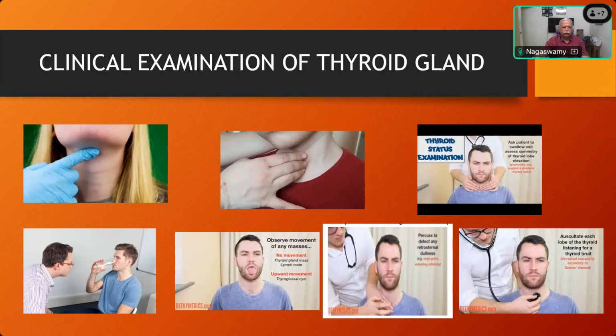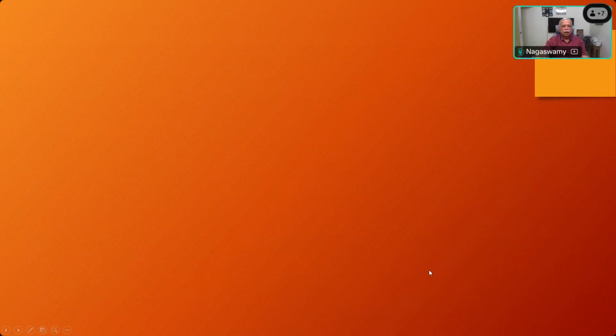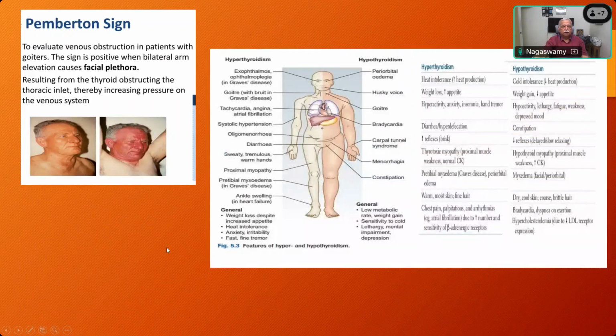You can watch as well as palpate the gland while the patient is swallowing. This is the suprasternal notch percussion to rule out retrosternal extension, and this is auscultation for bruit. And this is the Pemberton sign to make sure whether there is any venous obstruction happening.